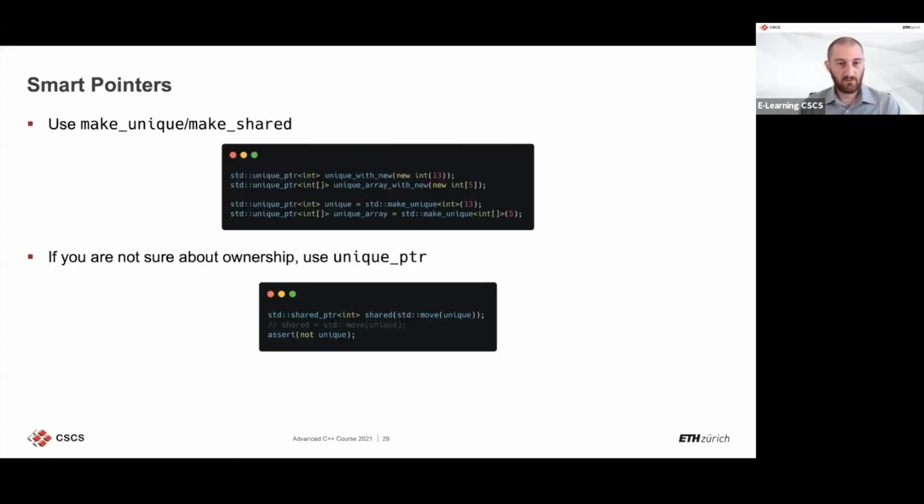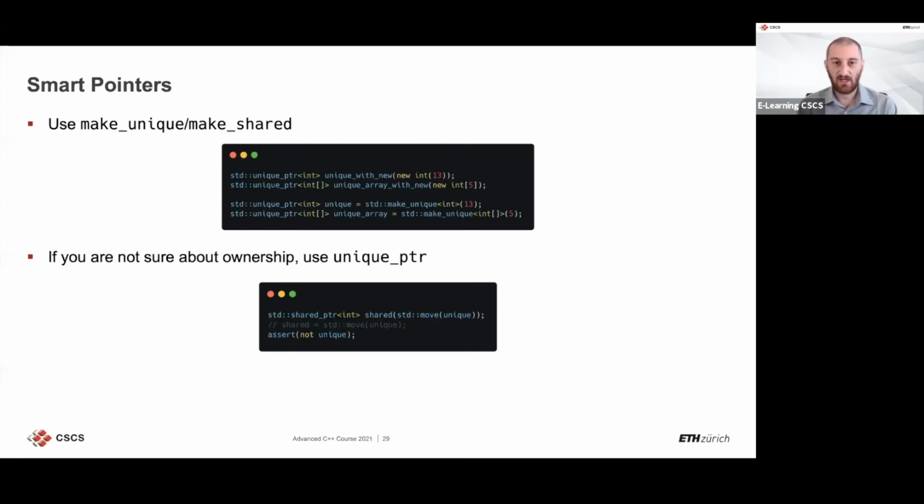Okay, just some quick extra about smart pointers. There are some helper functions, make_unique and make_shared, that allow you to allocate the memory without using new. And it is generally suggested to not have any new and delete in the code.